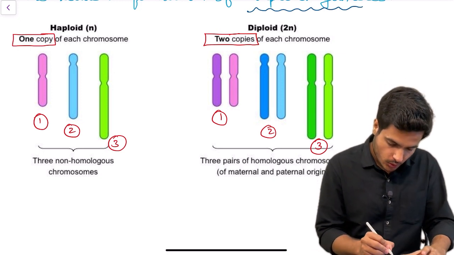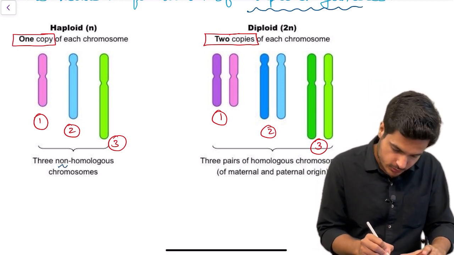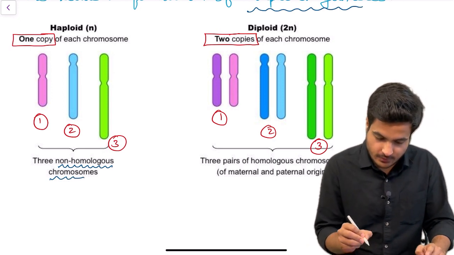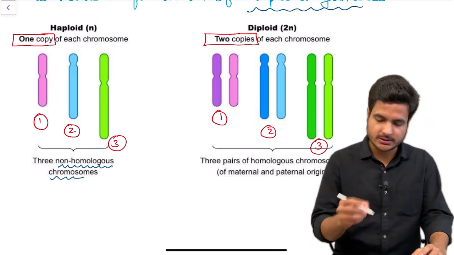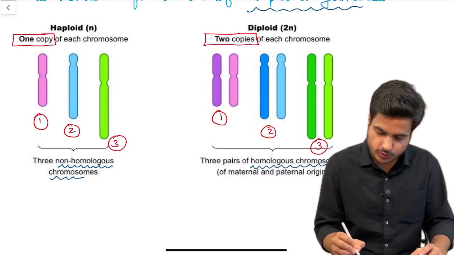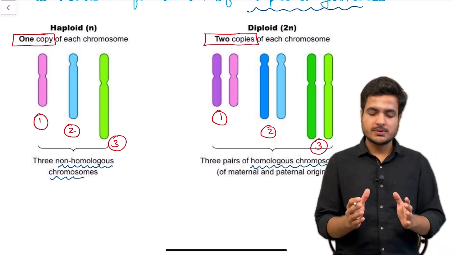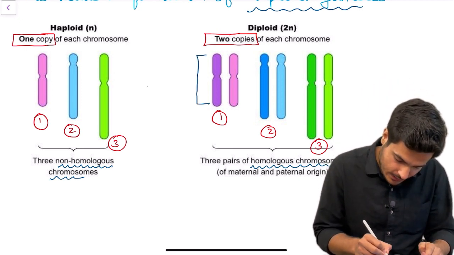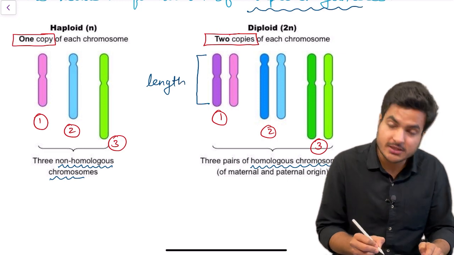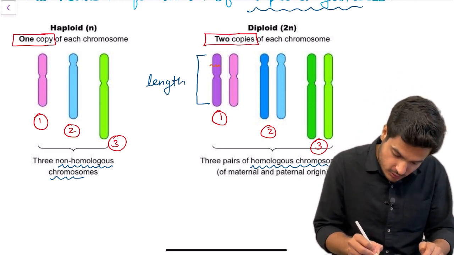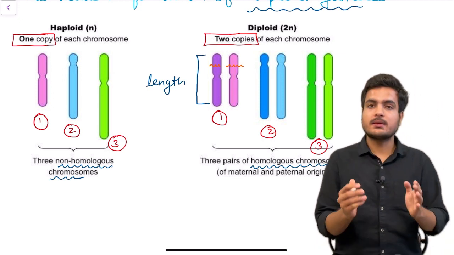So these are non-homologous chromosomes when we are talking about haploid structures, and when we are talking about diploid structures, we have homologous chromosomes. Homologous chromosomes means the chromosomes which have equal length, their size would be equal, and even the location of alleles of a gene would be common in both of them.